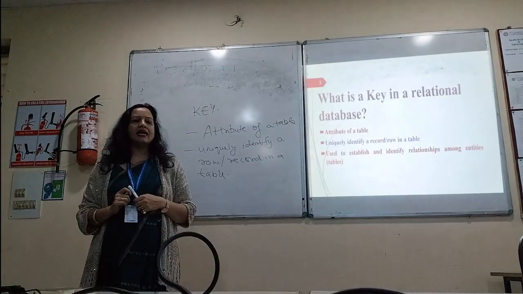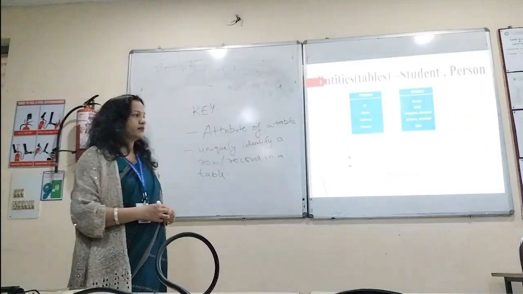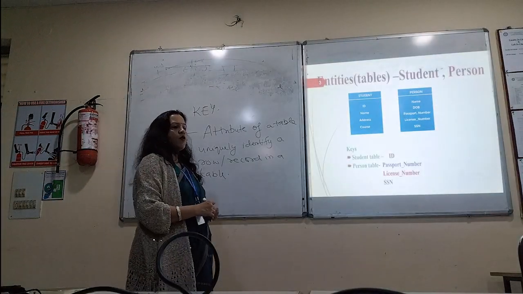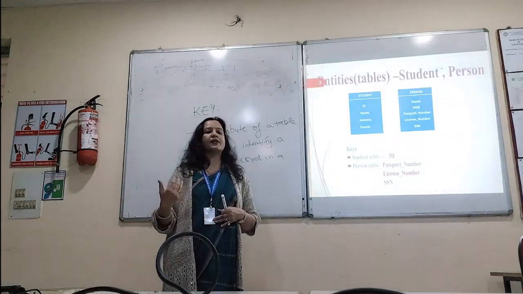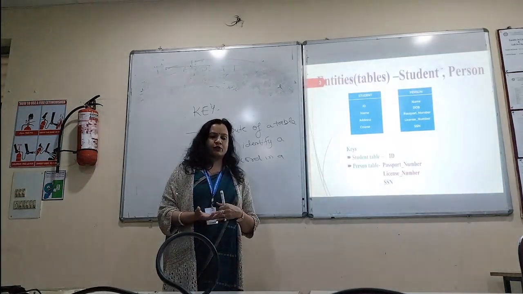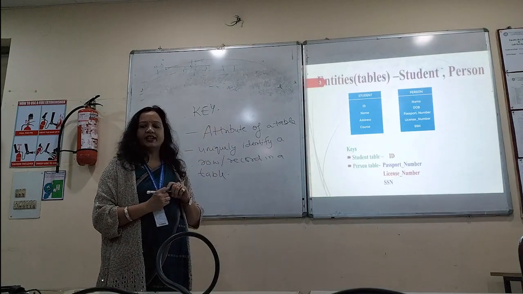Now we will understand this through an example. See, what are entities? Entities are something about which we can have some information or some attributes. For example, we have an entity called student.